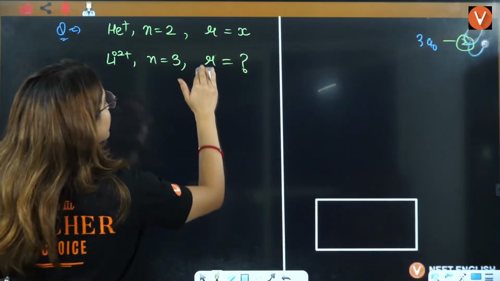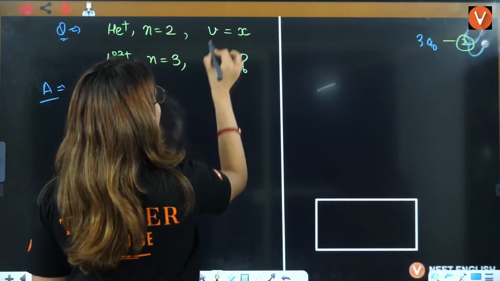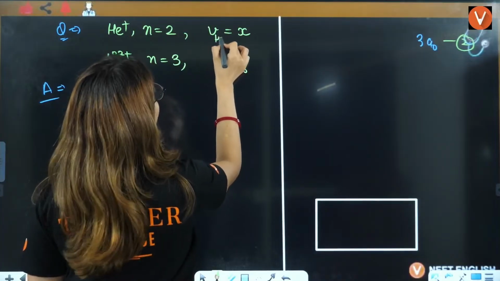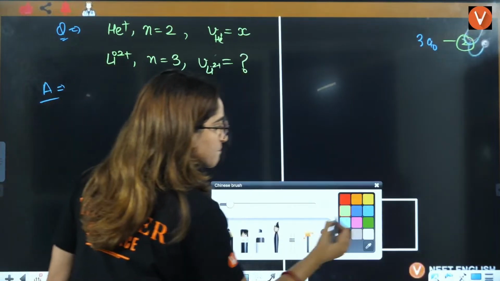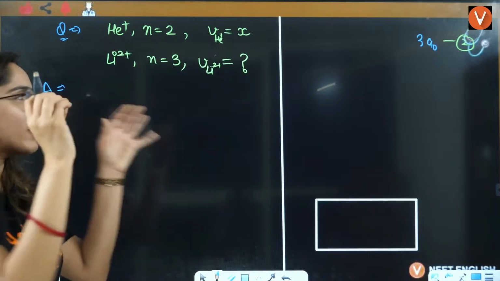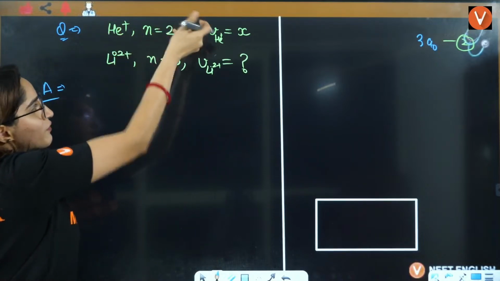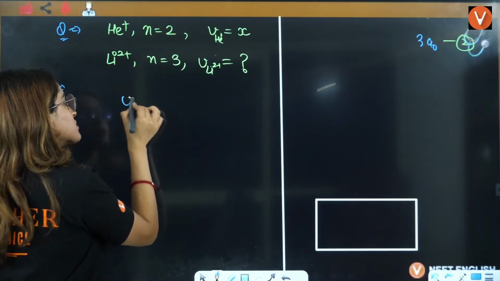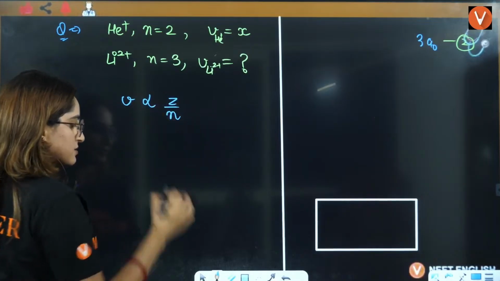Let's say they have given you not this, but they have given you velocity. Velocity of helium positive. This is velocity of lithium 2 positive. Okay. Now, if you see this here, students, this is very interesting, okay, and very simple. Helium positive, n is equals to 2. What is velocity? Velocity is directly proportional to Z by n, isn't it?